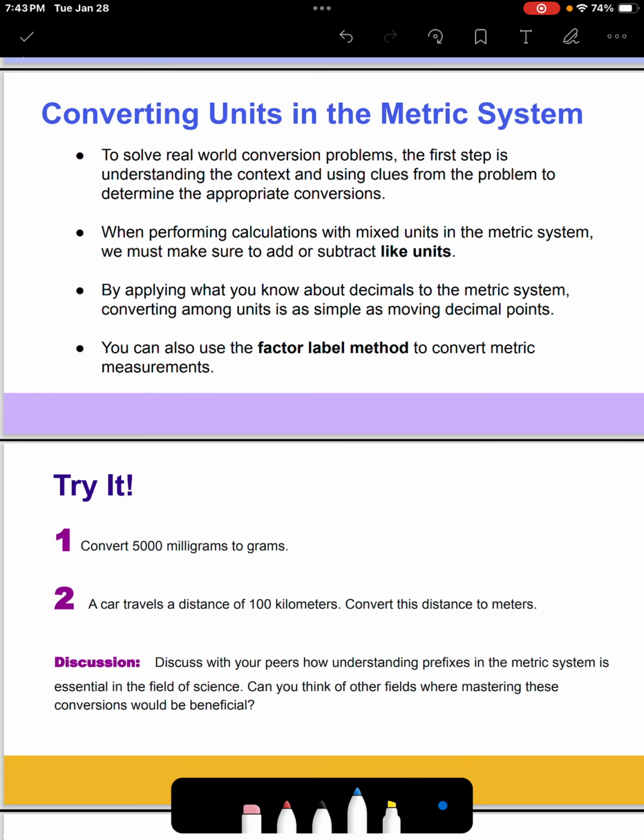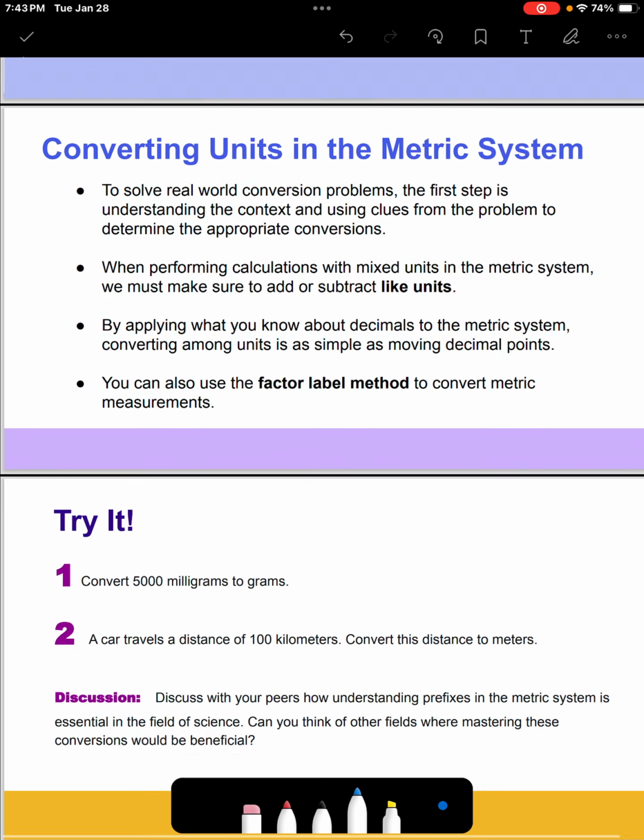So let's convert 5,000 milligrams to grams. So we're going to go 5,000 milligrams over 1. Then we want it to be grams, so we want to have 1 gram on top. So how many milligrams are in 1 gram? Let's go back to our table.